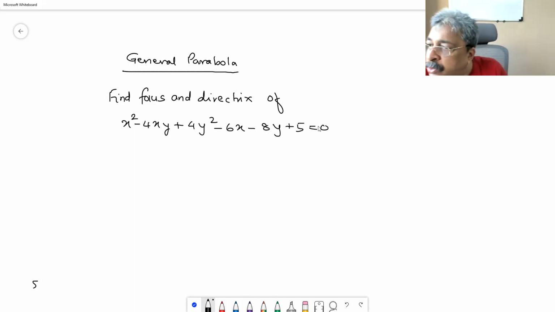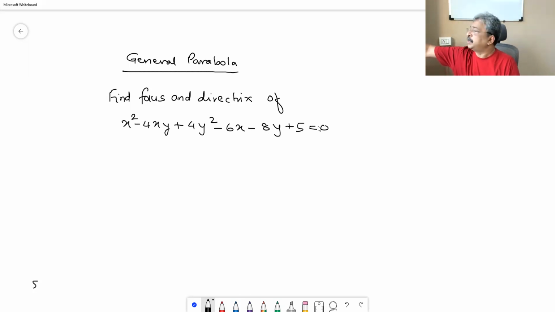Now, we will be able to identify whether the general degree two equation is a parabola, ellipse or hyperbola or pair of lines.